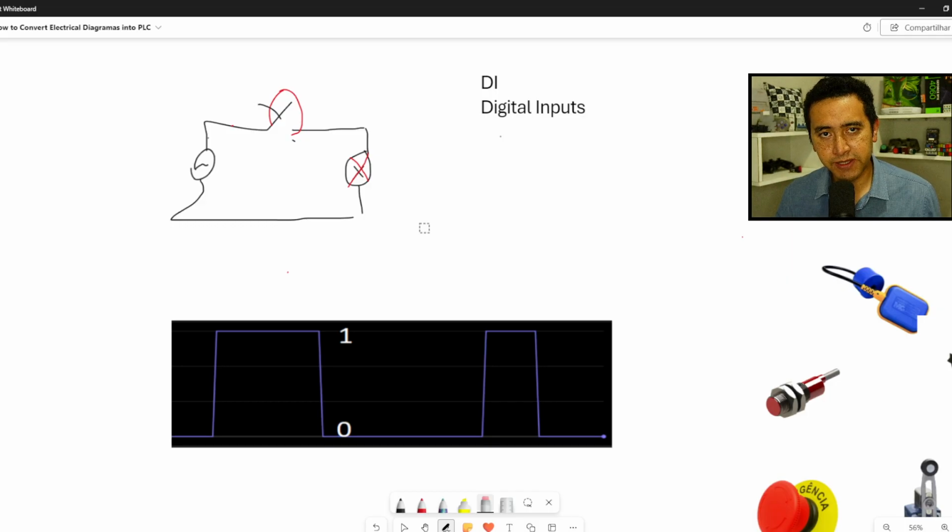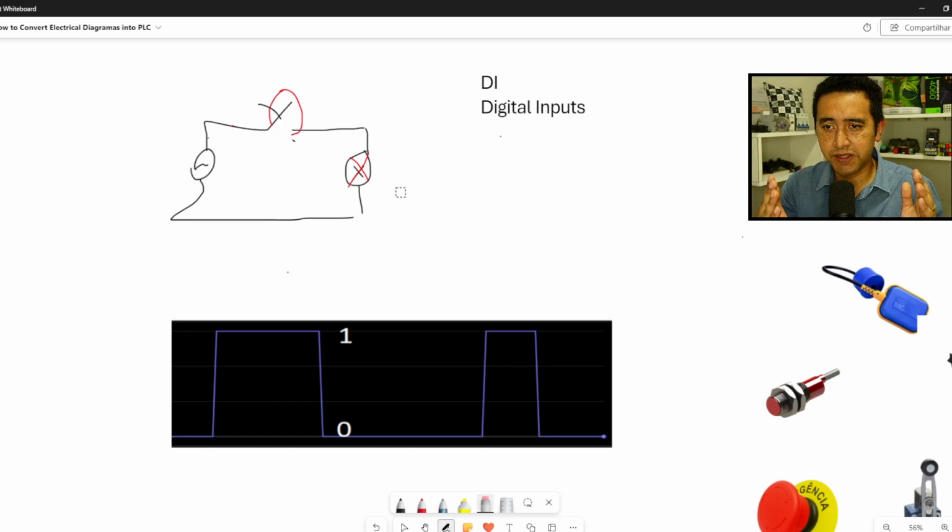What are the possible states we can have here? Either the lamp is turned on or turned off. My lamp cannot stay in between turned on and turned off.